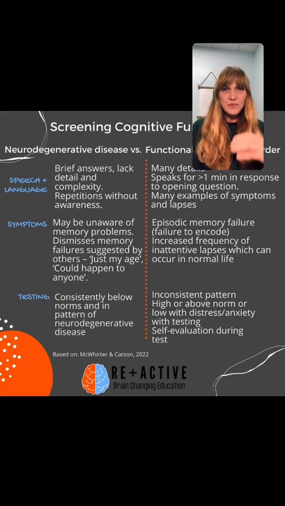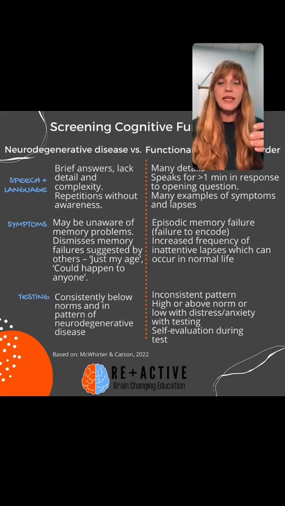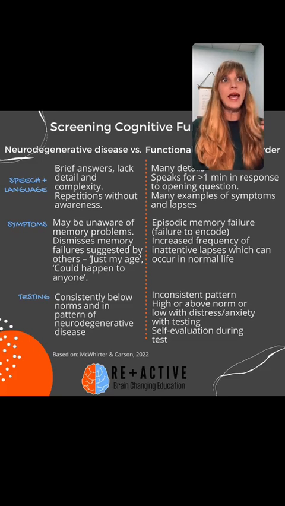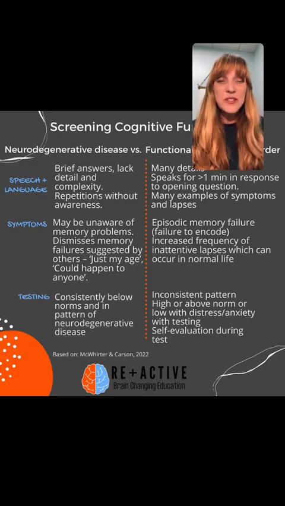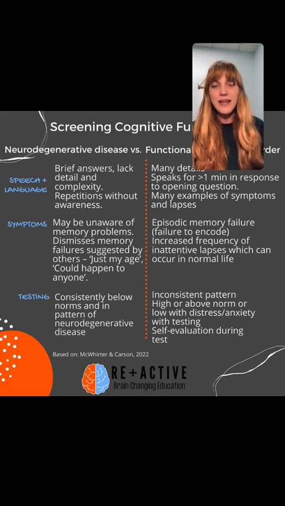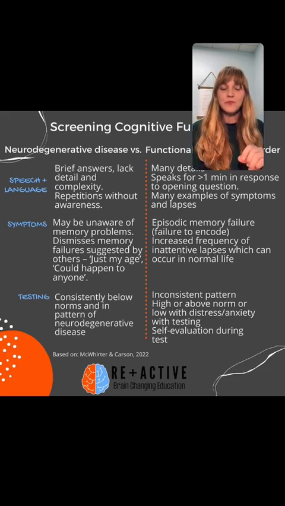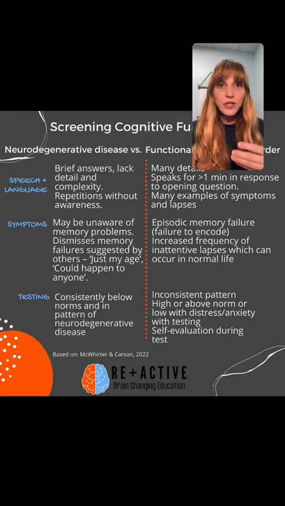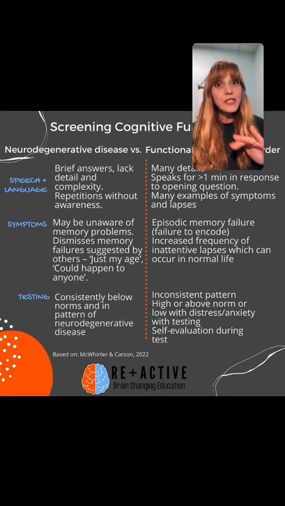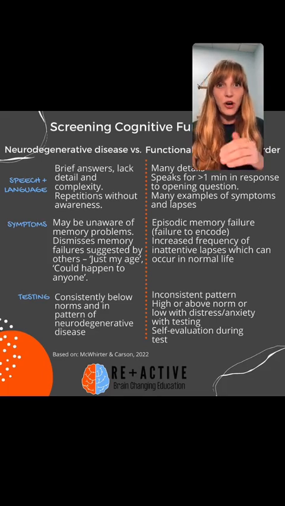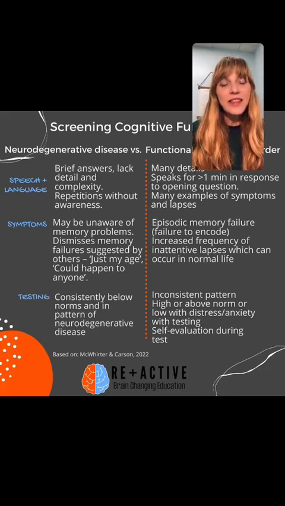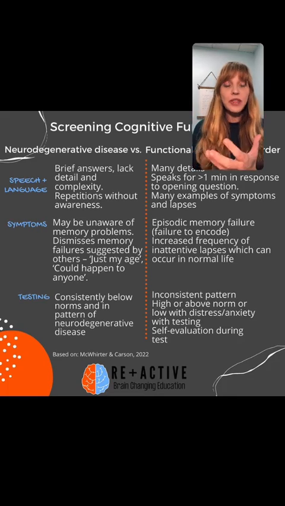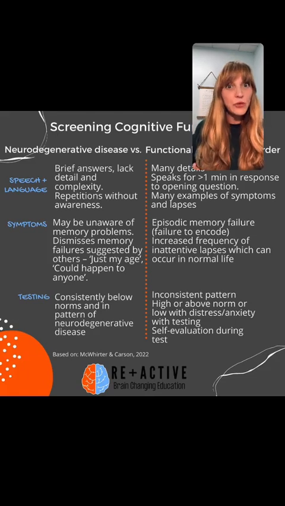So let me just go through some of these to help define it, and then also just give you some things to be thinking about as a therapist of how you might screen for, and then incorporate this into treatment, right? So a functional cognitive disorder, like a functional neurologic disorder, is not just a disorder of exclusion. There are some positive findings, and I'll go over some of these here. And there are also things, obviously, that are more consistent with neurodegenerative disease that you would rule out.